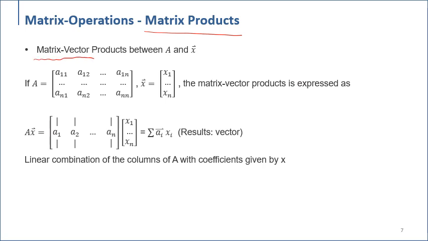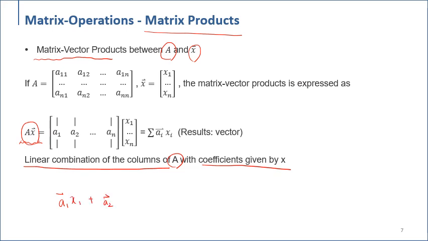So the matrix-vector product between matrix A and x can be expressed as a linear combination of the columns of A with coefficients given by x, which means by calculating the product between matrix A and x, Ax can be written as a1 x1 plus vector a2 x2 plus a3 x3 plus and so on.